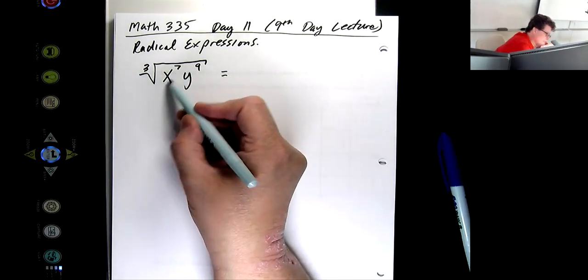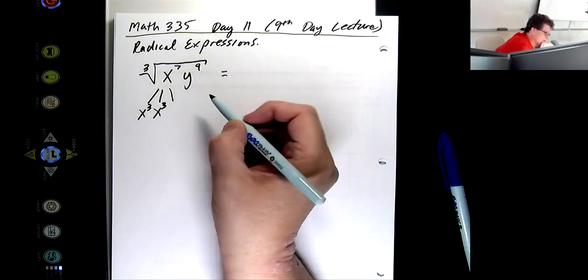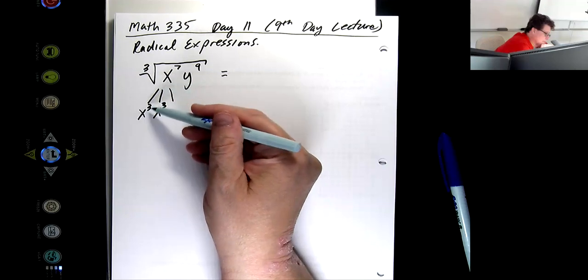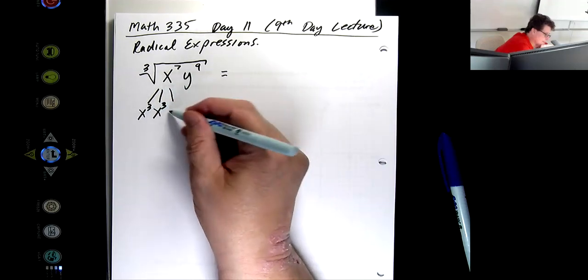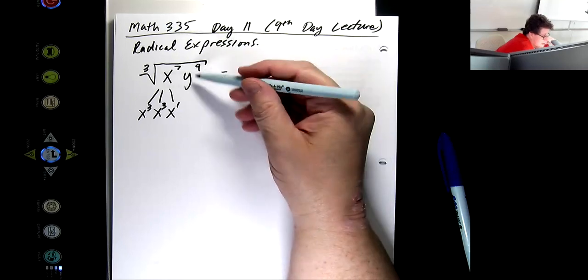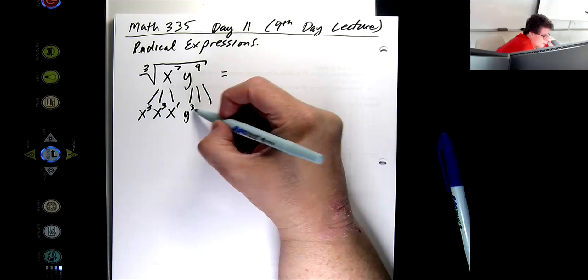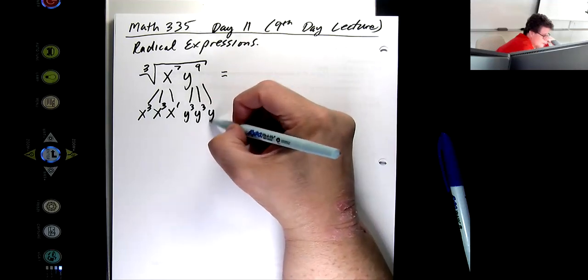Well, we can group these x's up into groups of 3. X cubed, and 3 plus 3 is 6. I've got 1 left over, x to the 1st power. And do the same thing with the y's. Y cubed, and this one actually goes straight to y cubed.